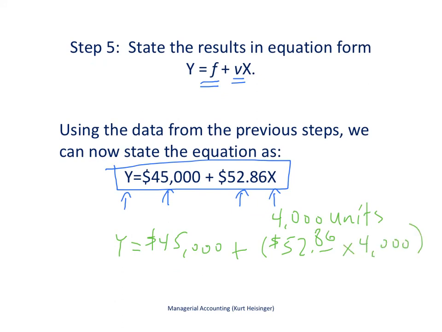The $52.86 times 4,000 is $211,440, and we add $45,000 to that to get the final number. This results in expected production costs at a level of 4,000 units of production of $256,440. So by breaking out our cost into fixed and variable components, we can estimate our production costs in the future more accurately.